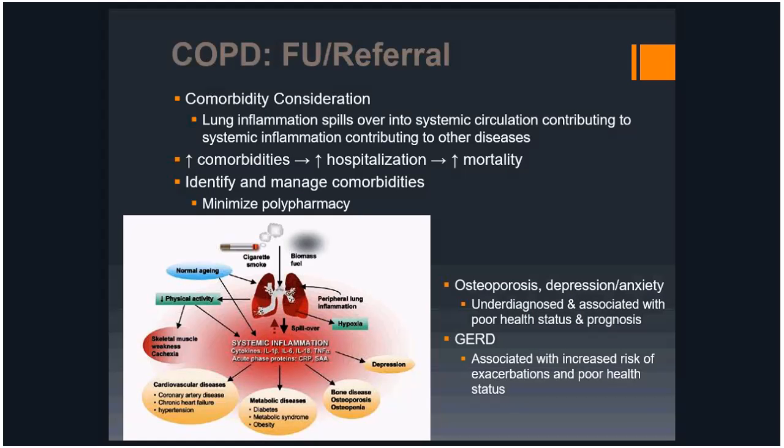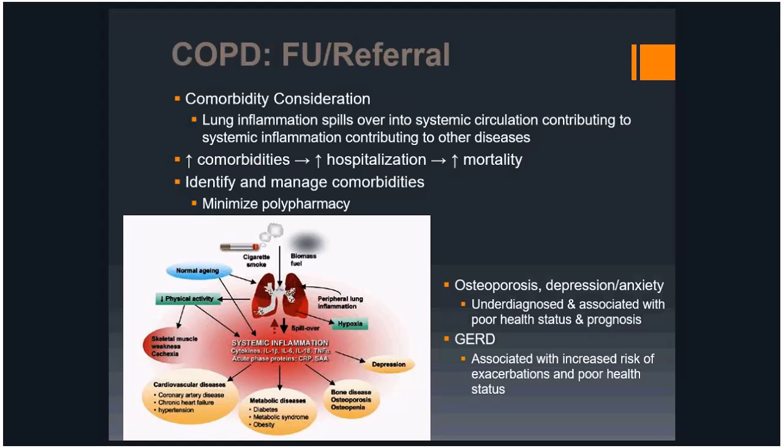When it comes to referrals and comorbidity, keep in mind that in COPD, lung inflammation may spill over into systemic circulation, and so you may have some other systemic inflammation that contributes towards other diseases. So the more comorbidities, the more they may contribute towards hospitalization and again impact mortality. So it's important to identify and manage other comorbidities and try as much as possible to minimize polypharmacy.